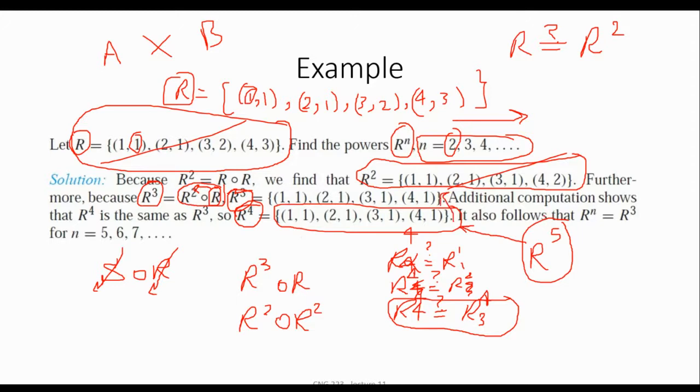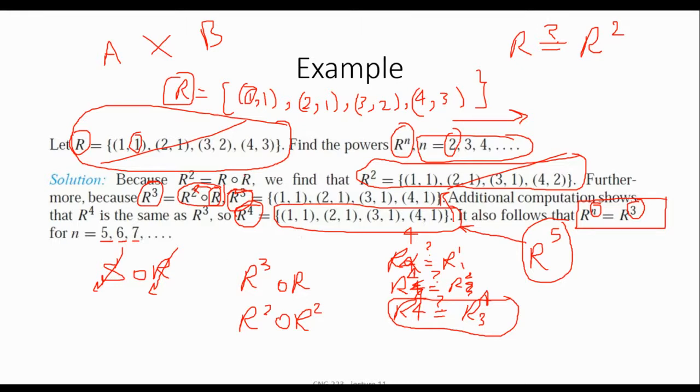So what do I understand from here? I understand that there is a trend. Starting from the value 3 until infinity, I will have exactly the same elements in my relations, okay? So again, also from 5, 6, 7 to infinity, this is the same story.